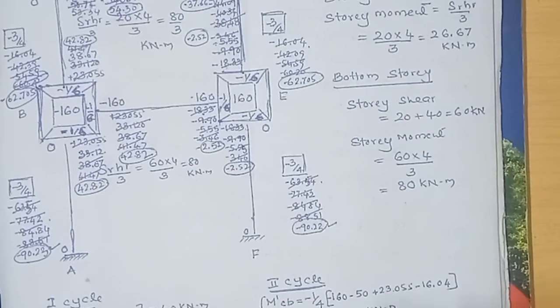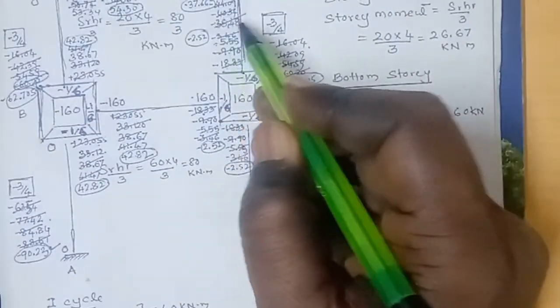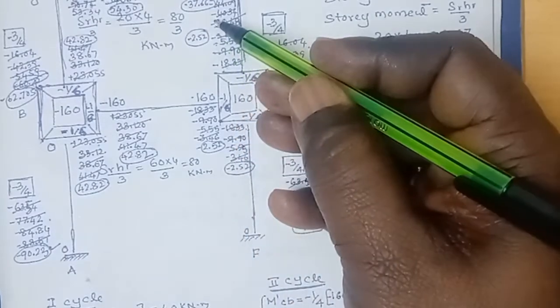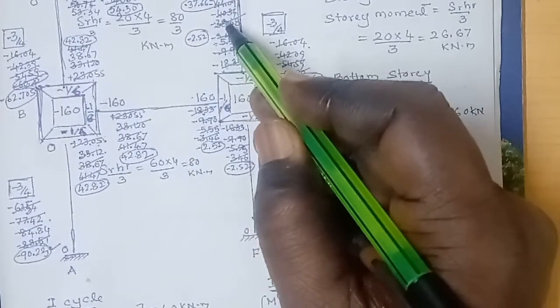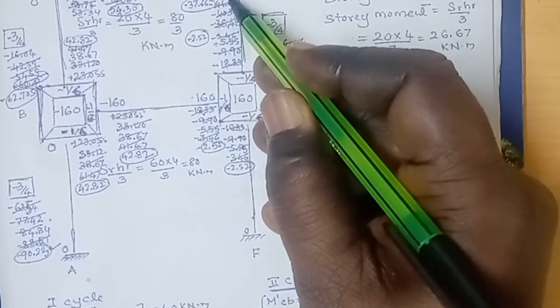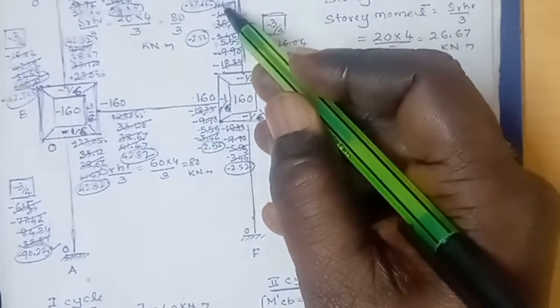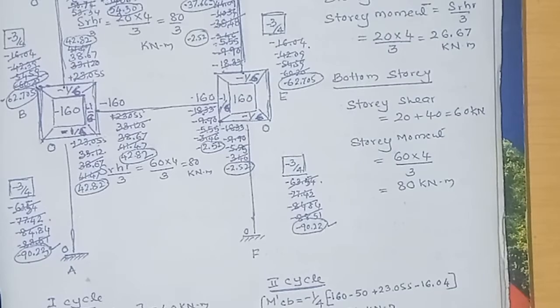Then for DE, that is also minus 44.09. Strike out the first cycle value, then write minus 44.09 here, that is cancel the 50, strike out the minus 50, then write minus 44.09.